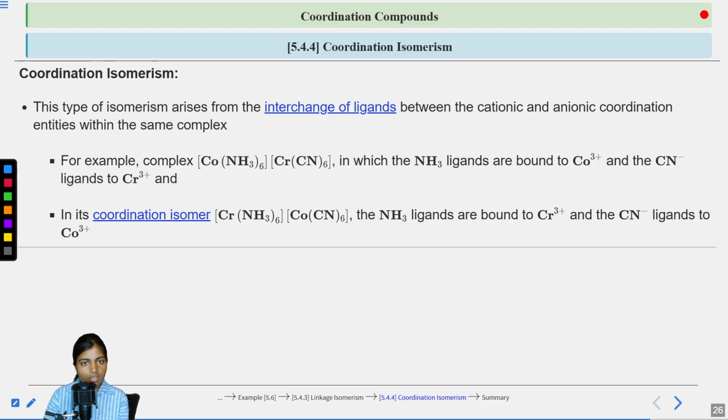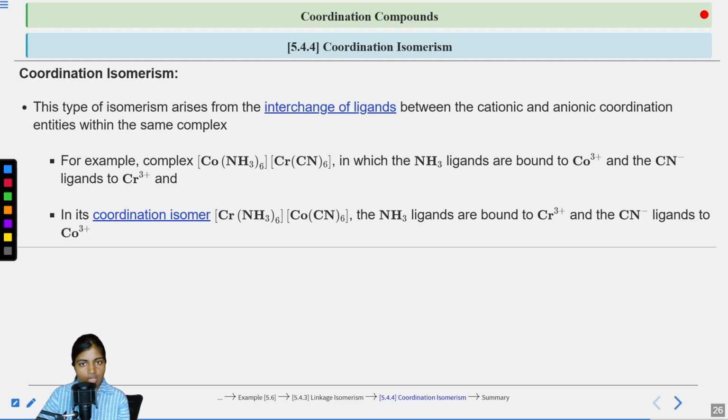Here, the ligands ammonia and cyanide just interchange between the cationic and the anionic coordination entities, which are cobalt and chromium here. The NH3 interchanges with the cyanide ligand and forms the bond with the chromium, where cyanide was bonded in the first complex.